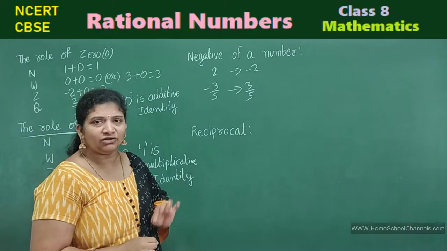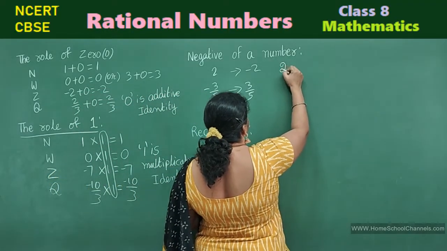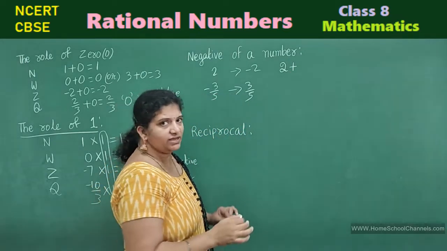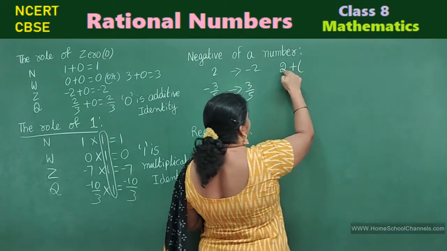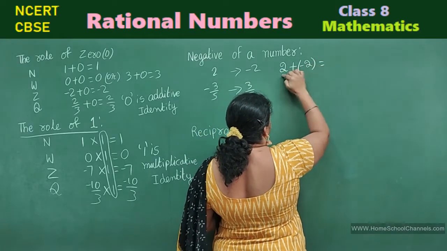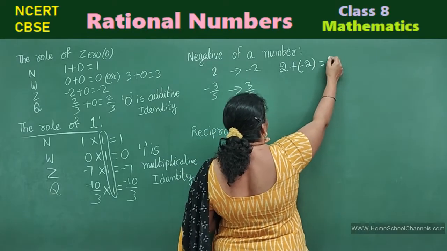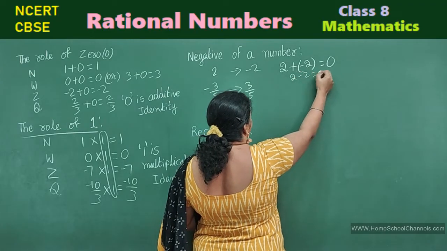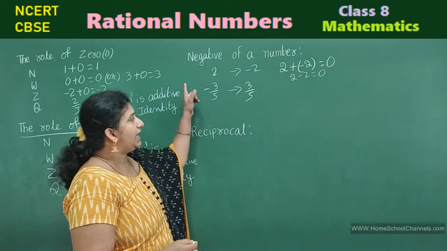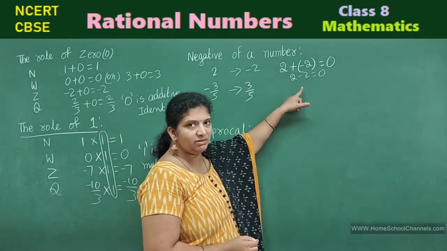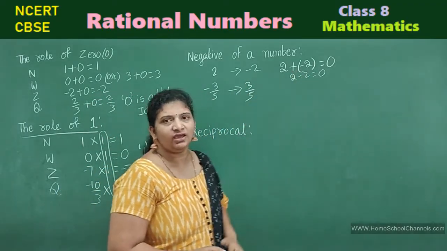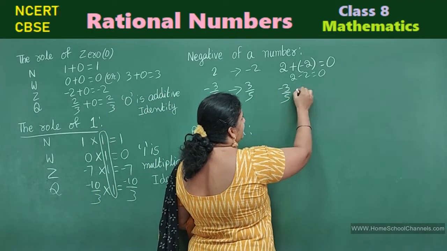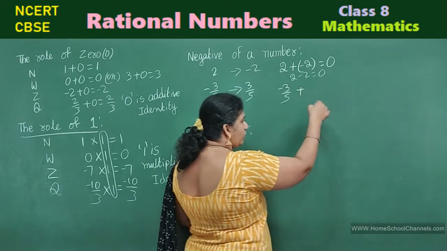How do we get a negative of a number? Negative is nothing but the additive inverse. The additive inverse of 2 is minus 2. If you add these two, you get the result 0. Yes or no? 2 plus minus 2 will be 0. The negative of a number is nothing but the additive inverse of the number. In the same manner, for the rational number minus 3 by 5, what number do you add to get 0?